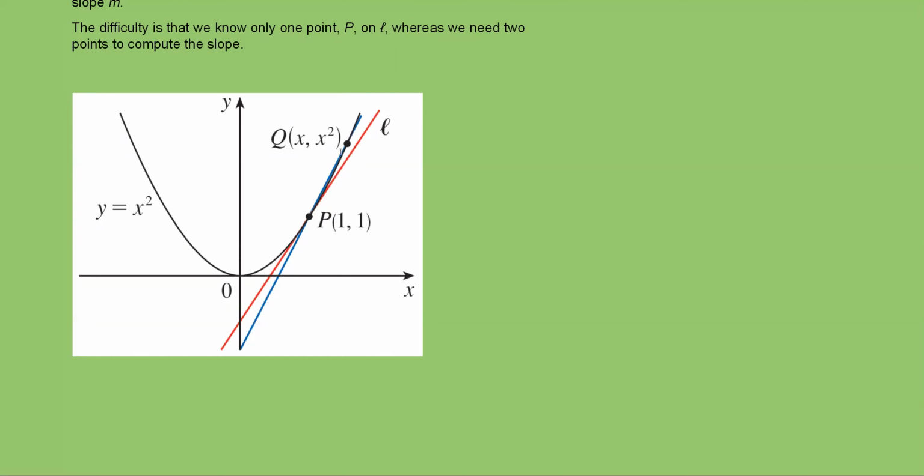All right, so the blue line, we do that by picking another x value. Of course, we know point P is 1, 1. Now, to find the second point, I'm going to pick x equal to 2. Therefore, y is equal to 2 squared, which is 4.